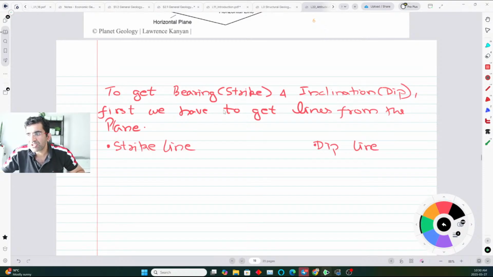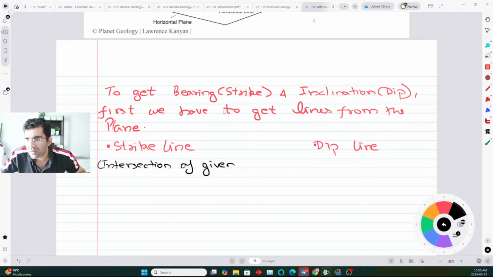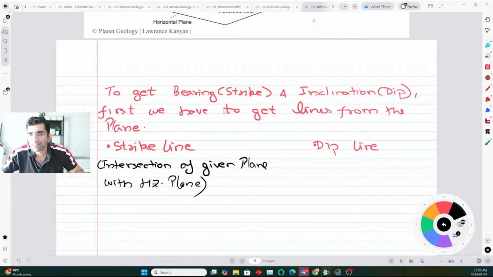Okay. So what is strike line? It is simply, very simply, the intersection of the given plane with a horizontal plane. This whole discussion will be easier when you talk about trend and plunge, because there we already have the lines.